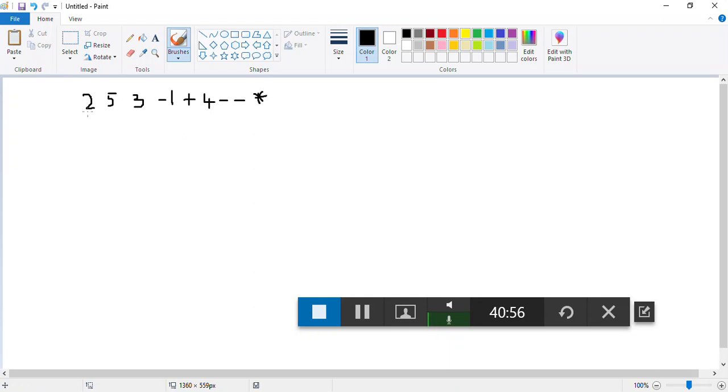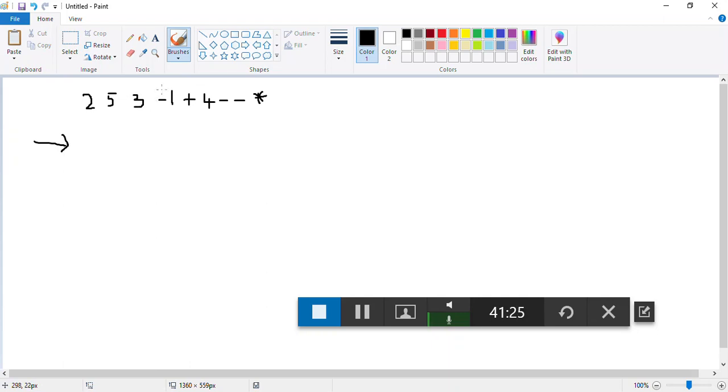Okay, so what next now? Is 2 an operator? No. Is 5 an operator? No. Is 3 an operator? No. Is minus 1 an operator? No. What is the operator now? Plus. Okay, so plus is an operator. So this plus will be applied to what?